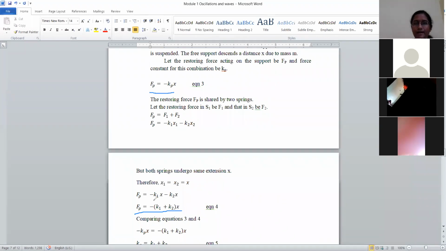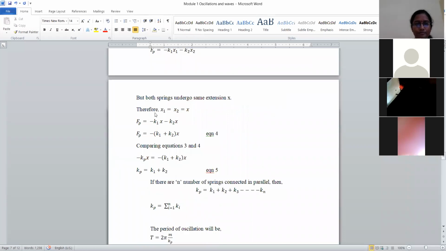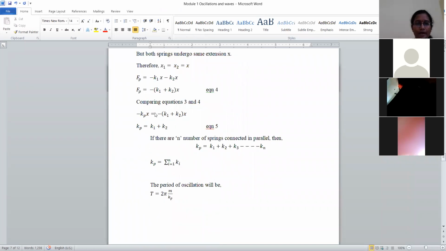So by comparing these two equations, we can write minus Kp x is equal to minus (K1 plus K2) into x. Here is minus into x, here minus into x. So both cancel and we are left with Kp is equal to K1 plus K2.